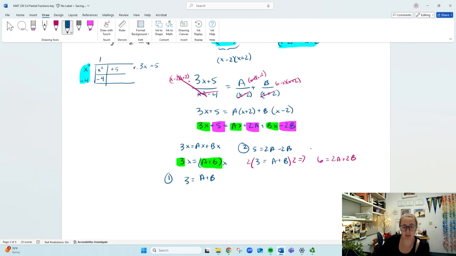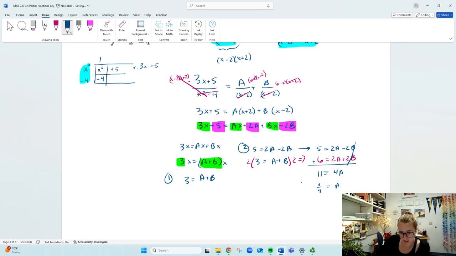And then I'm going to add that with my equation that did not change up here. I can see that my B's are going to cancel out. I'll have 4A is equal to 11. So that means that A will be 11/4.